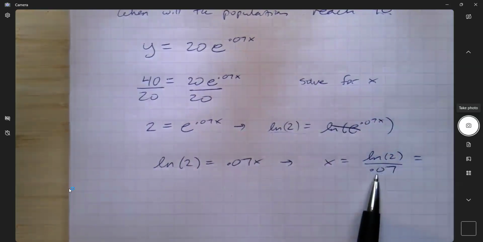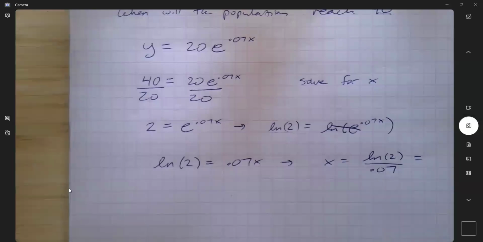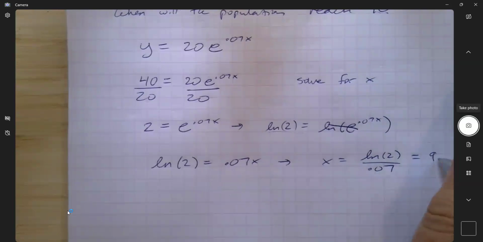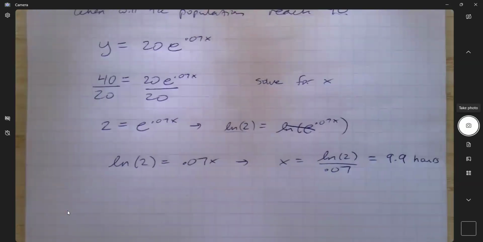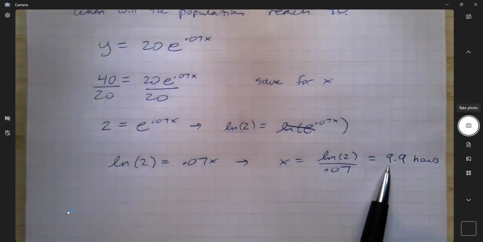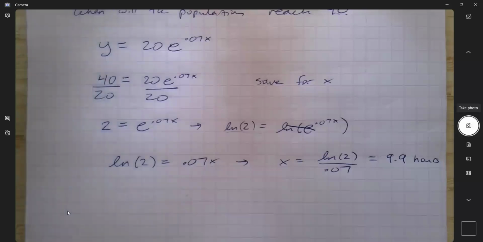Even though that's a number, I don't have any idea how big that number is. So I want to get a decimal approximation, and I get 9.9 hours approximately. So if you wanted to come back and harvest your bacteria once you reach 40,000, then you would have to wait about 10 hours. That's continuous change.